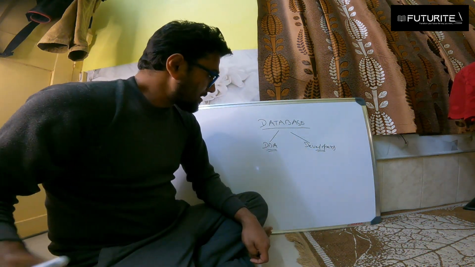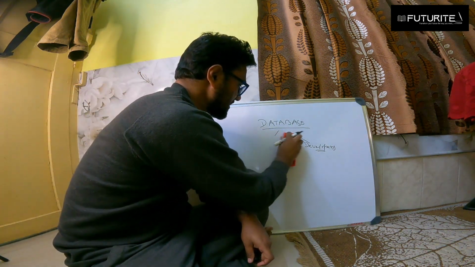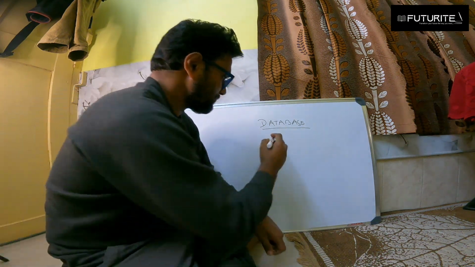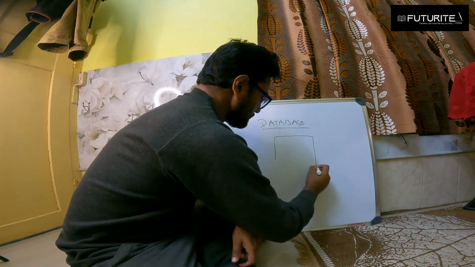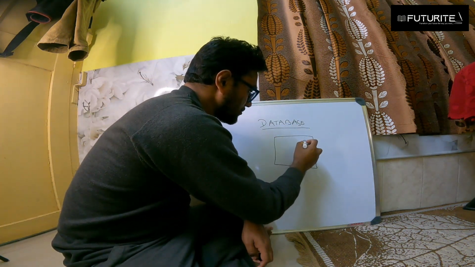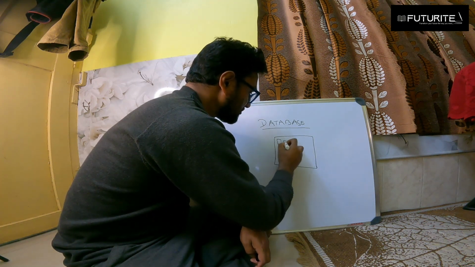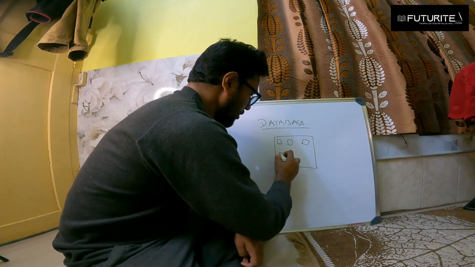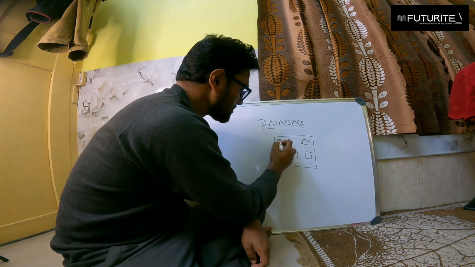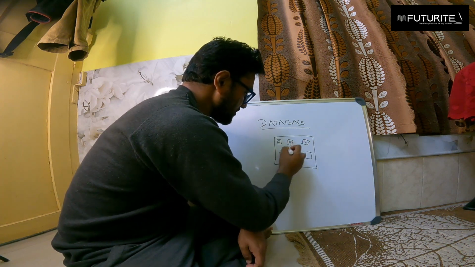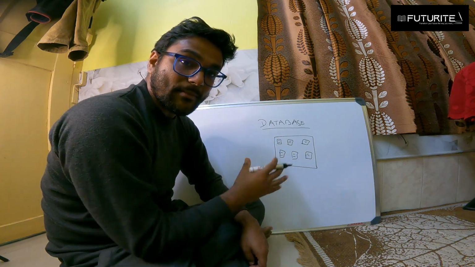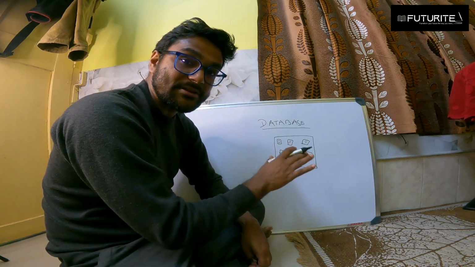Now, let me give you a very brief understanding of what a database is. Suppose this is a big empty box. Now, if you fill this big box with small boxes, and fill these small boxes with a few items, then I will make you understand which one is a database and which is a table.